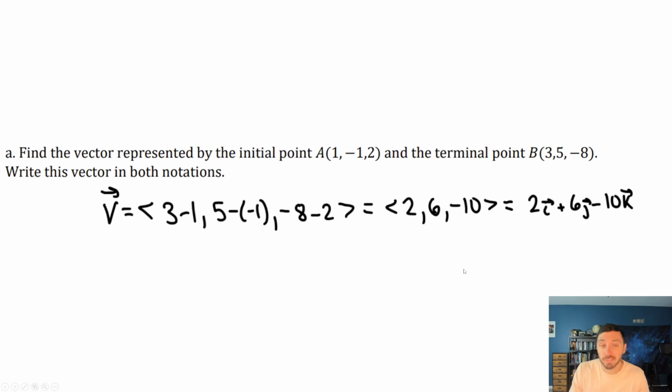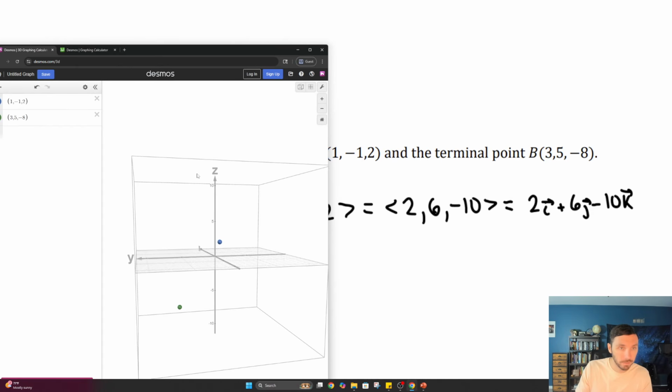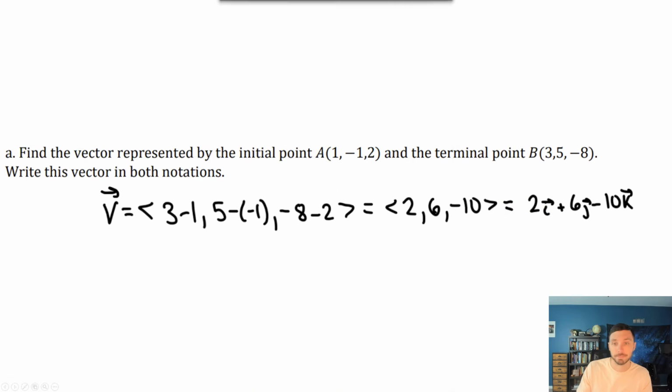So hinting at it, hopefully you're thinking, okay, difference between these x components. Okay, how can I find the difference between 3 and 1? How do I get from 1 to 3? I add 2. So 3 minus 1 is just that 2, and you just do that for all 3 components. So the arrow that connects blue to green would be the arrow starting at blue that goes 2, 6, -10.